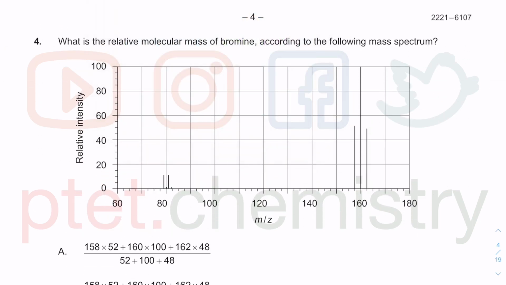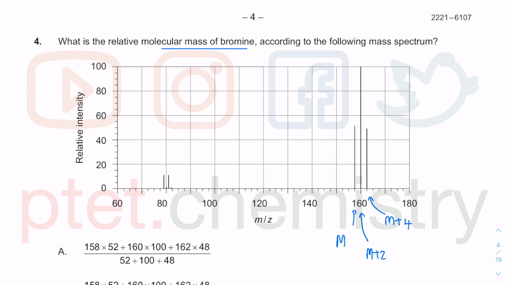What do we have in this question? Relative molecular mass of bromine according to the following mass spectrum. What we could see is 3 lines, and then we get an M, an M plus 2, and an M plus 4 line there. Because this is 160, this is 170, this is 180.